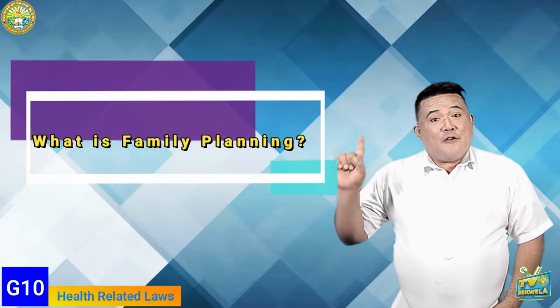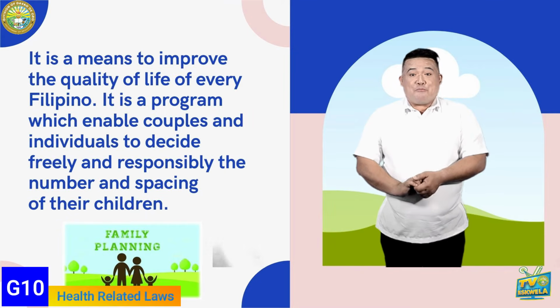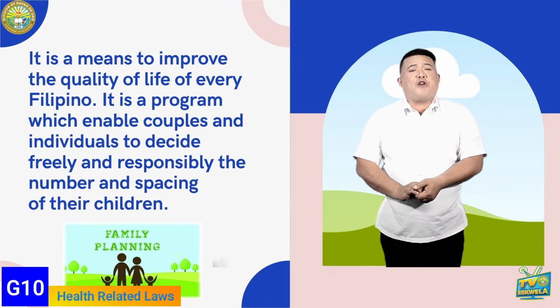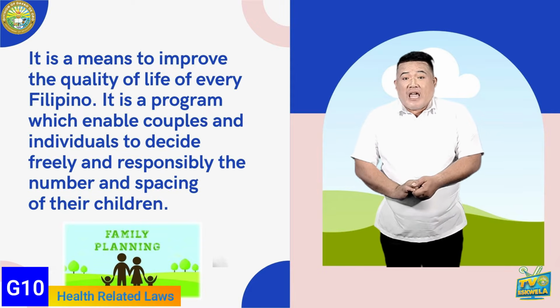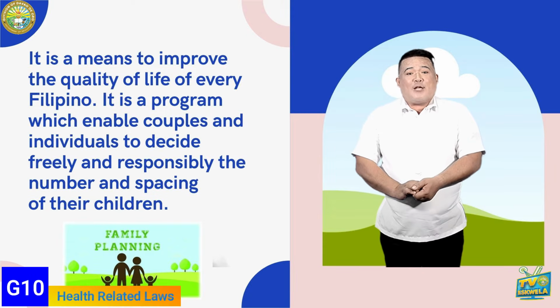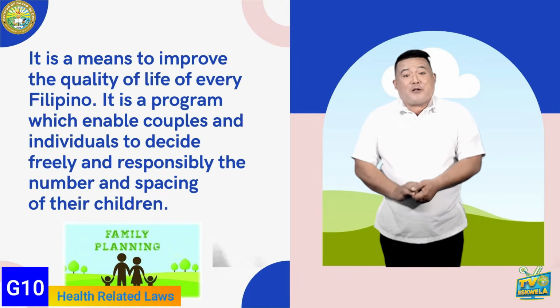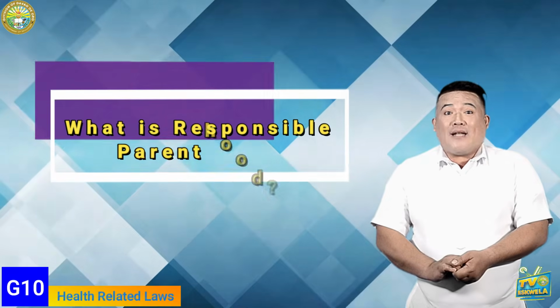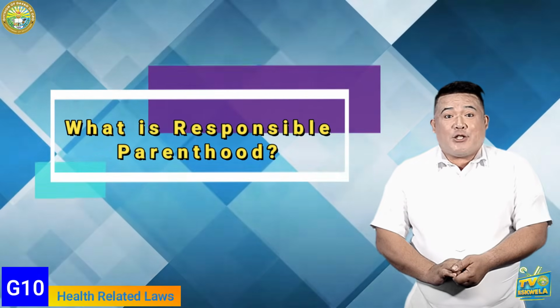What is family planning? It is a means to improve the quality of life of every Filipino. It is a program which enables couples and individuals to decide freely and responsibly the number and spacing of their children. What is responsible parenthood?